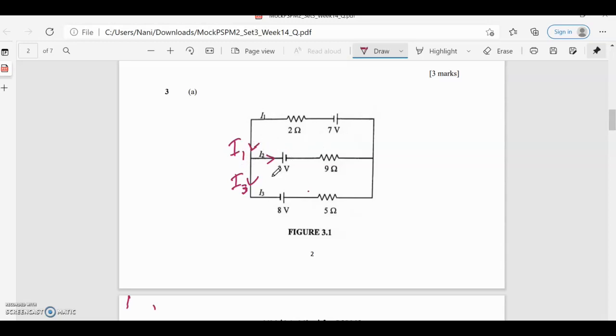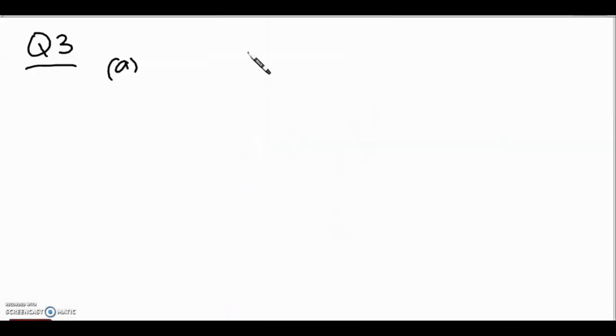Okay, so let's first apply Kirchhoff's junction rule. At this junction, the current into the junction is I1 and out of the junction is I2 and I3. Let's write down Kirchhoff's first rule: current into the junction equals the total current out of the junction.